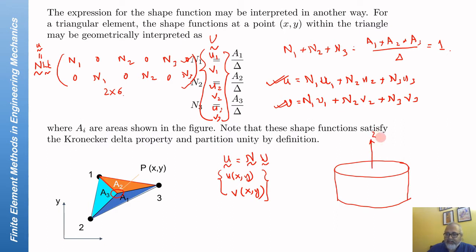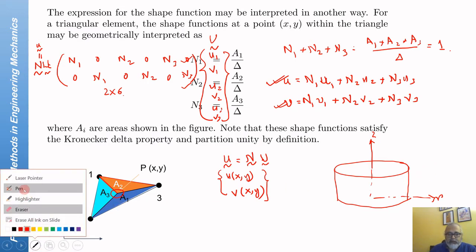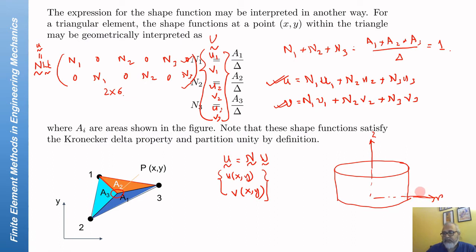This is your z-axis. This is your r-axis, and then this is 2, the height is 1, it is subjected to a uniform pressure P0 on the top surface, and what you are trying to simulate is a section like this.